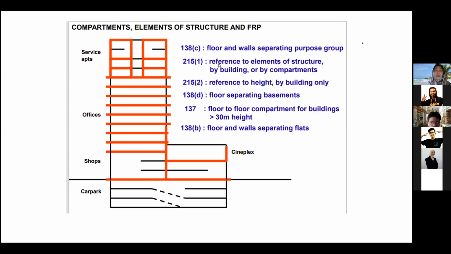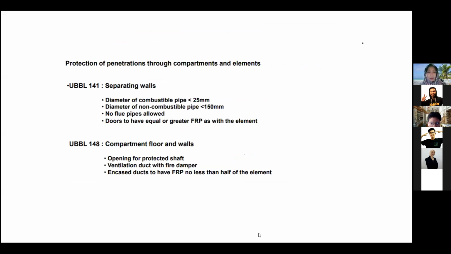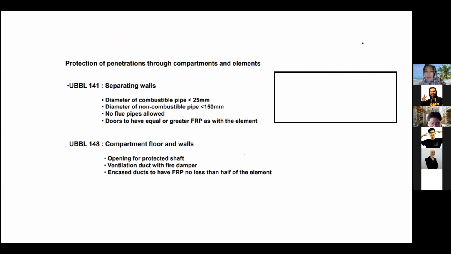Hopefully you understand how the number of compartments is based on the volume. Let's say this is your building. How many compartments? Just now we said this is a compartment.